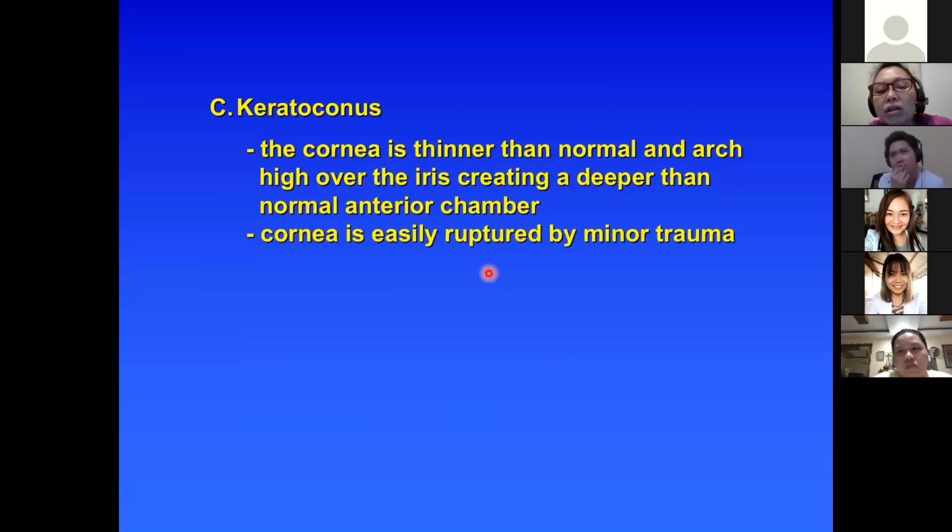Because the cornea is thin, especially at the tip of the cone, it can sometimes be ruptured by trauma. So if you have keratoconus, because the cornea is thin, you cannot do LASIK. It's either corneal transplantation already.